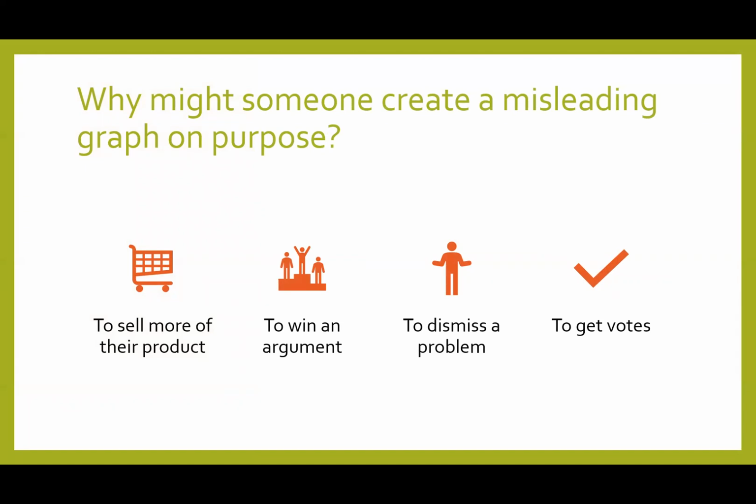And the last reason someone might create a misleading graph would be to get votes. So it's all kind of the similar idea. You have this goal in mind and you want to mislead people and push them in a certain direction. And you can do that by creating a misleading graph and bending the truth just a little bit.